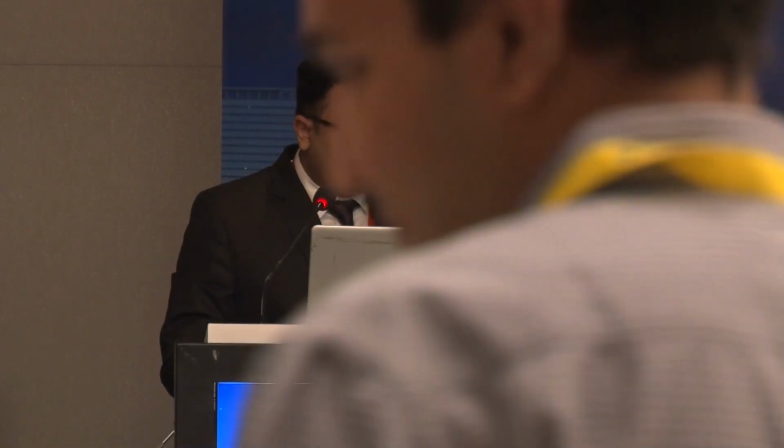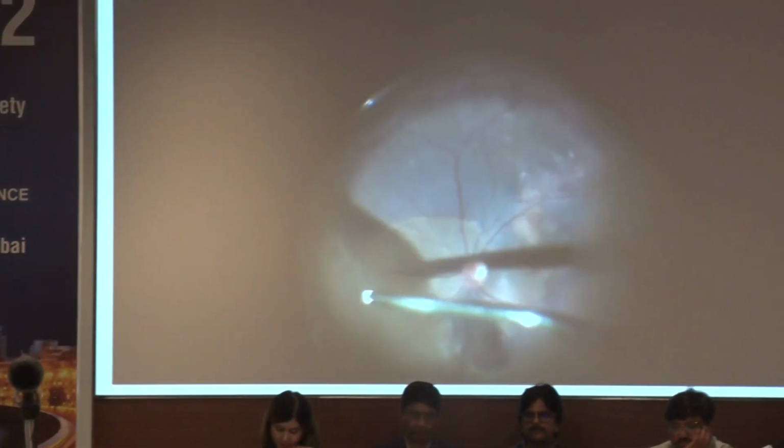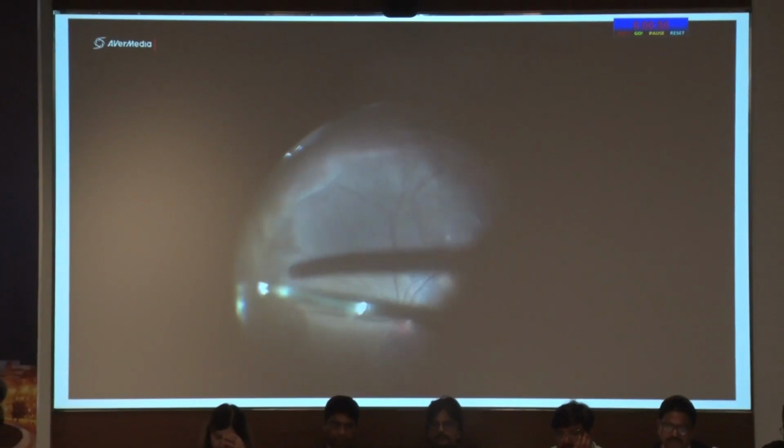Pars plana ports were made. When I entered the vitreous cavity, I was surprised to see breakthrough bleeding, which was removed with core vitrectomy, followed by PVD induction and then completion of vitrectomy.